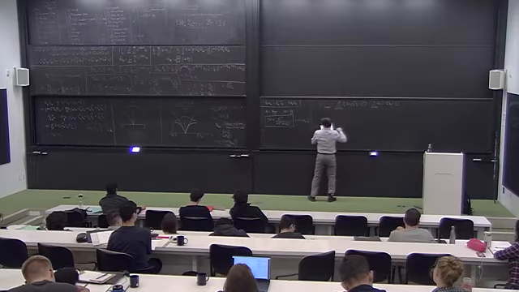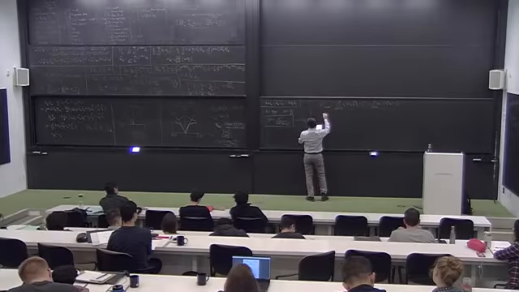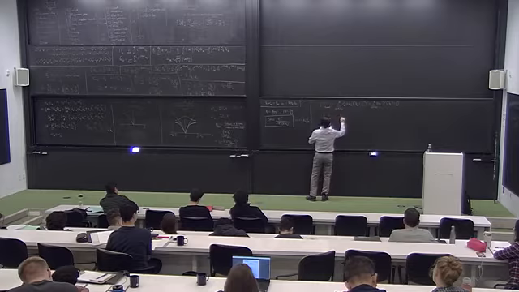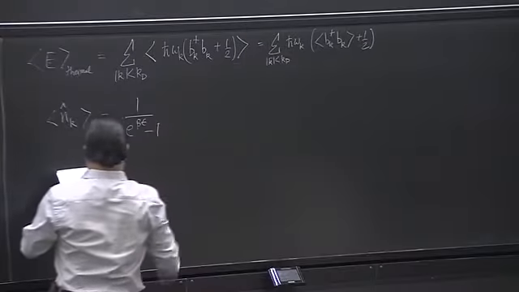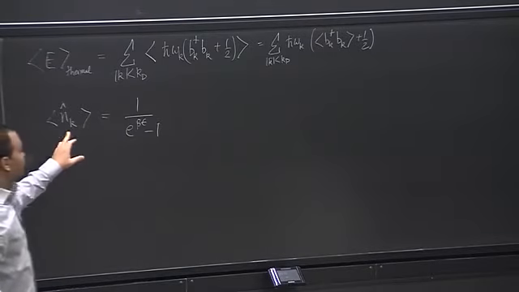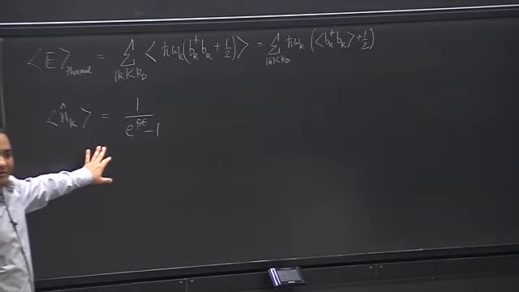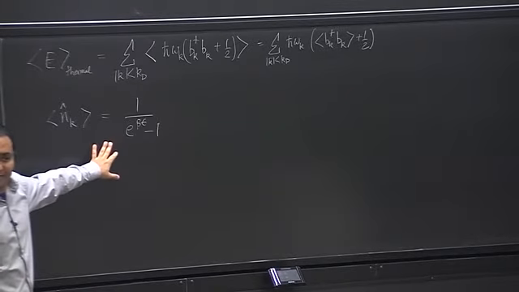So essentially, we have to calculate this expectation value of the number operator. This expectation value is given by the Bose-Einstein distribution function, which I'm writing like this. This is the Bose-Einstein statistics formula.